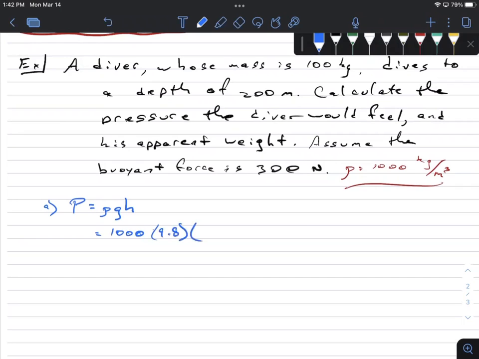And then h is the depth, which we're told is 200 meters. And so we just calculate this out, 1,000 times 200 times 9.8, and we get a pressure of 1.96 times 10 to the 6 pascals.